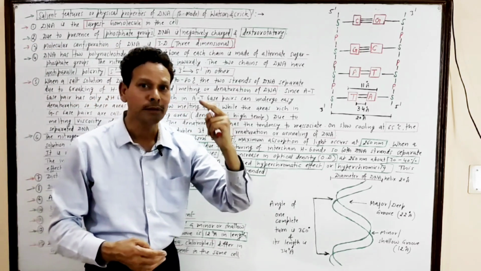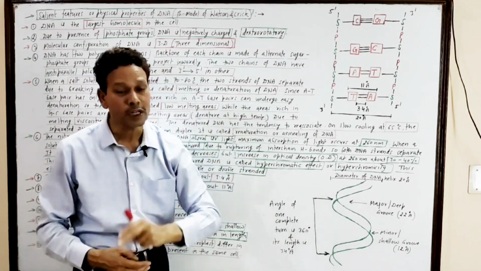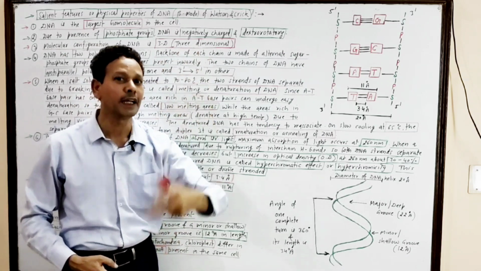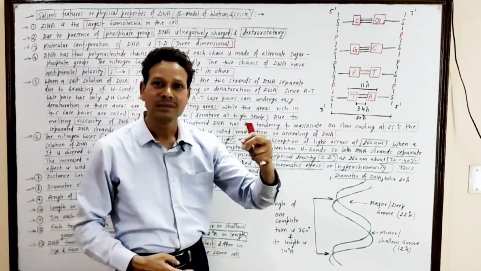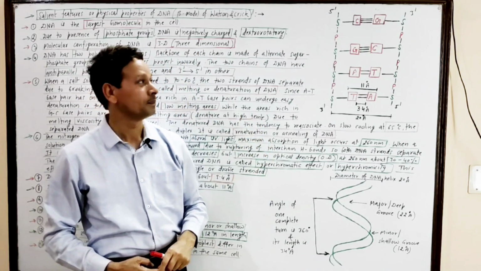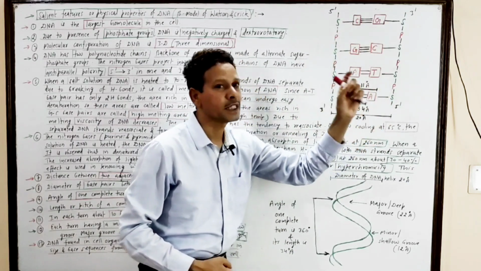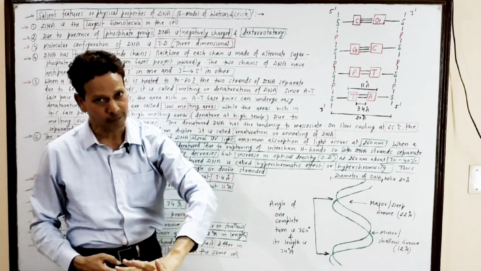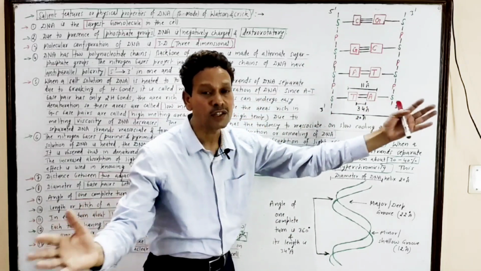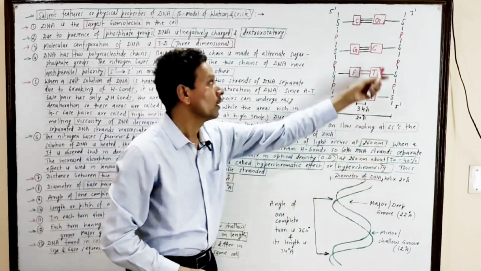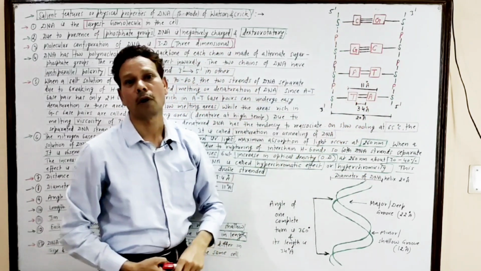Two very important properties of the Watson and Crick model, or B DNA, the genetic material. On heating at about 70-80 degrees temperature, both DNA strands start to separate due to breakage of these hydrogen bonds.